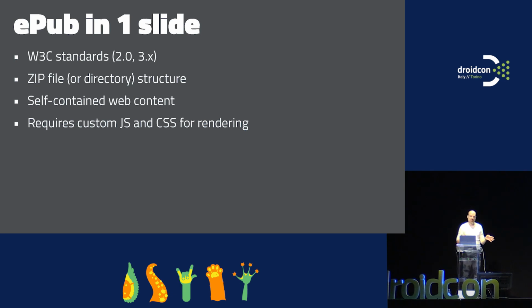It's basically just a bunch of HTML files, like multiple ones, usually one HTML file per chapter in the book. There's CSS files, it can be JavaScript, there's images, and there are some XML files which define the content as well. In order to display an ePub, you need custom JavaScript to load, to format it, to inject CSS into it. So that's the challenge with ePub.